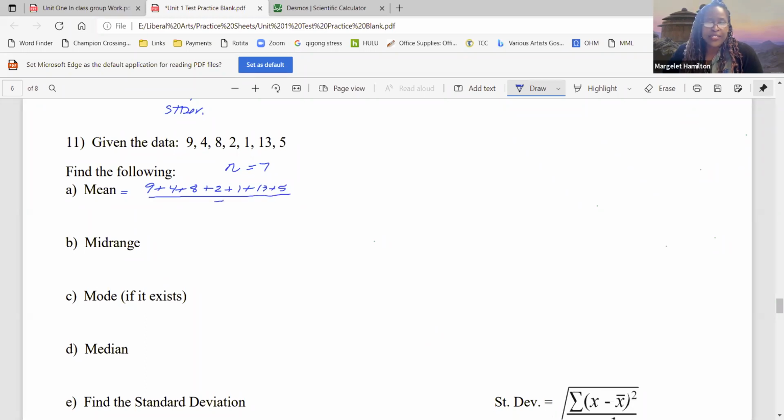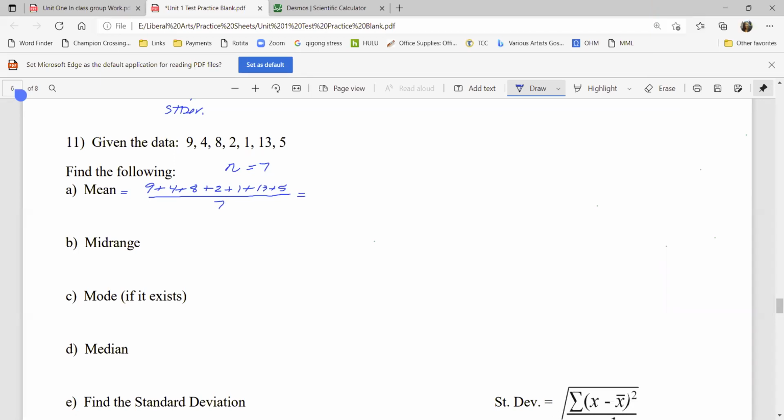Divided by 7. What are you getting for your mean? I'm rounding it up to 38. Okay, now you added all this goodness up at the top and divided by 7 and you got 38? Okay, try it one more time.